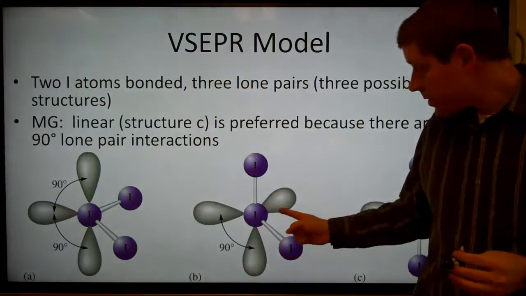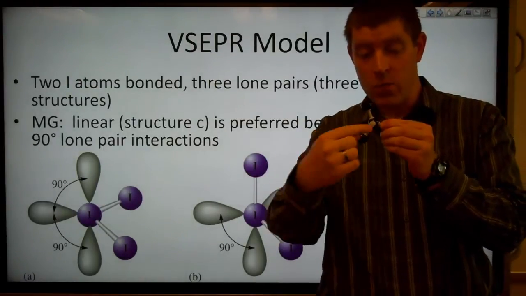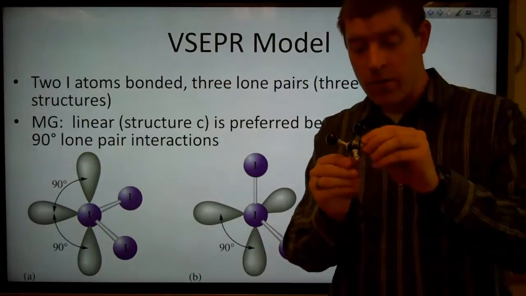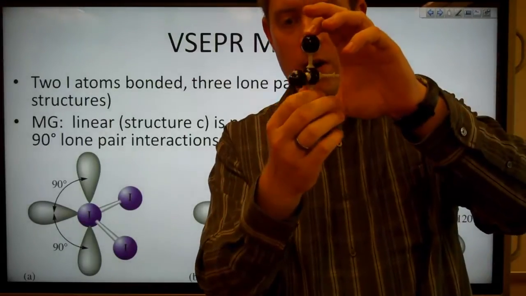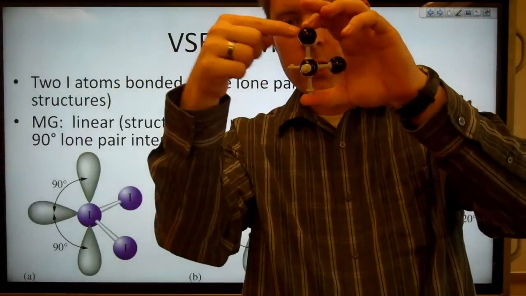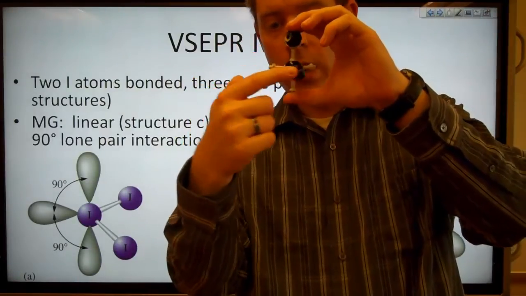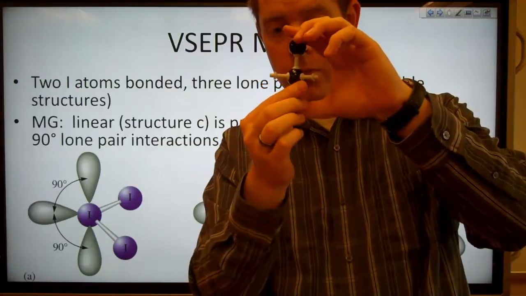Another possibility is to take one of these iodine atoms and move it to an axial position. And for that we have a structure that looks like this. So now on our axis we have 1 iodine atom. We have our iodine atom in the center, of course, and we have 1 more iodine atom on the equator at our equatorial position.